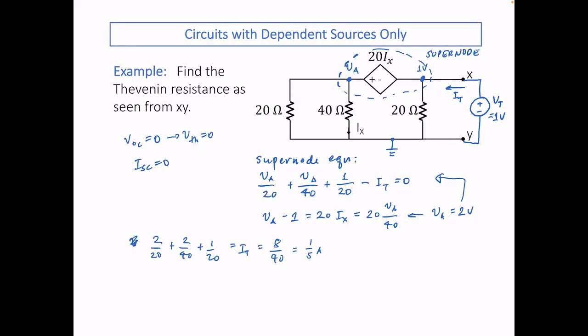So ano yung magiging RTH natin? RTH is equal to V's of t over I's of t. So this is 1 divided by 1/5, so this is just 5 ohms. Meaning to say that this circuit is just equivalent to a resistor that is equal to 5 ohms.